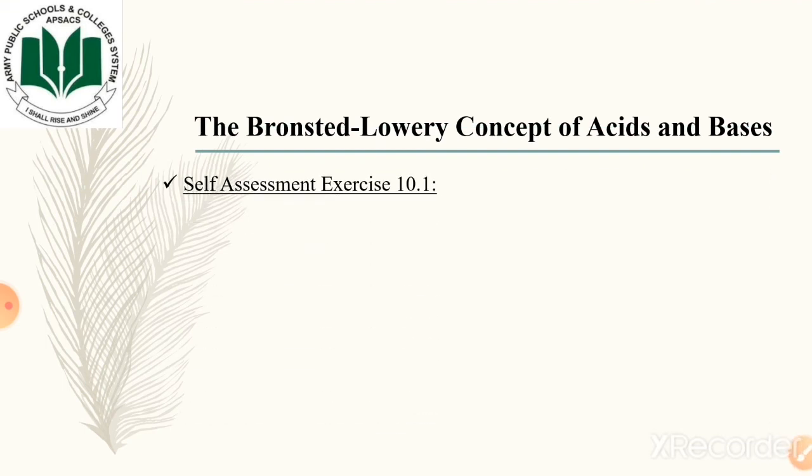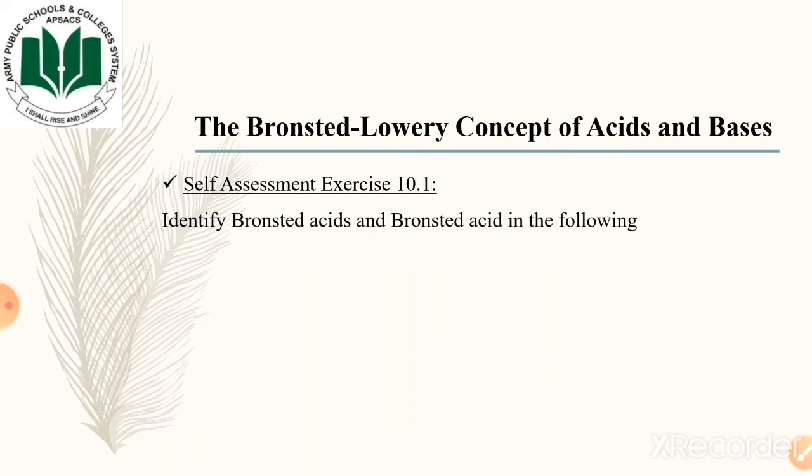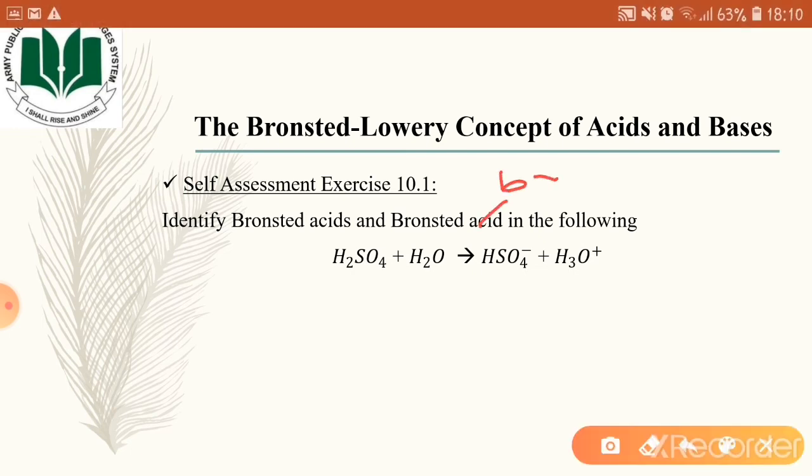Now we will do a self-assessment exercise. We have to identify the Bronsted acid and the Bronsted base in the following. Adopt the same procedure as before. First we will see which species is donating a proton.